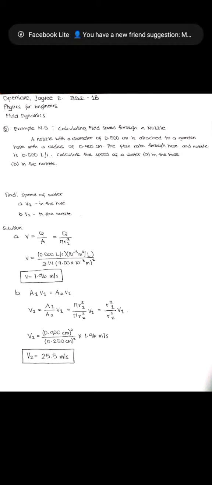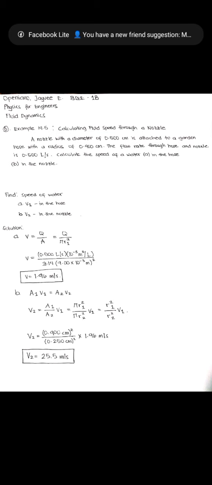Now we substitute the value of the area, which is pi r squared. It becomes pi r squared over pi r squared times V1. Cancel both the pi. So we have r1 squared over r2 squared times V1.